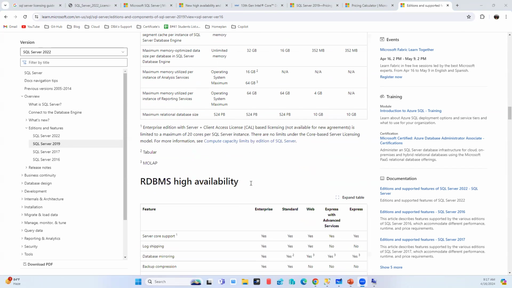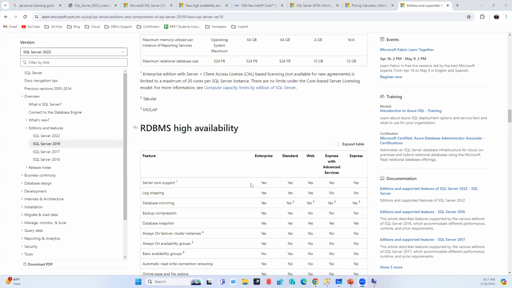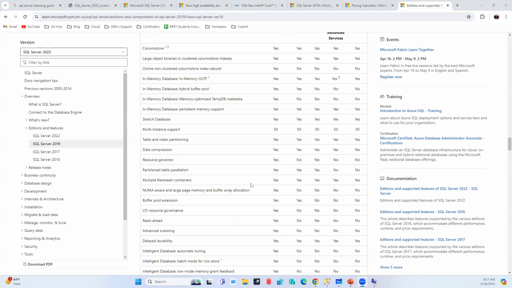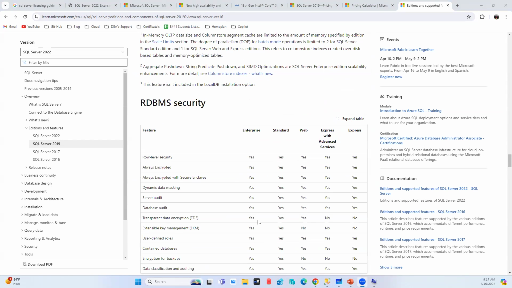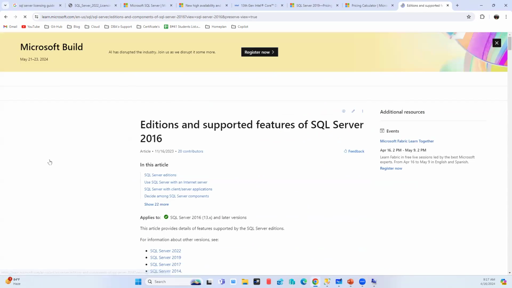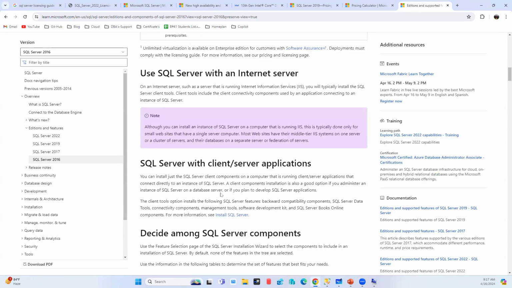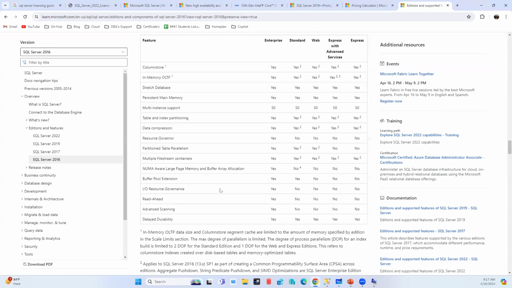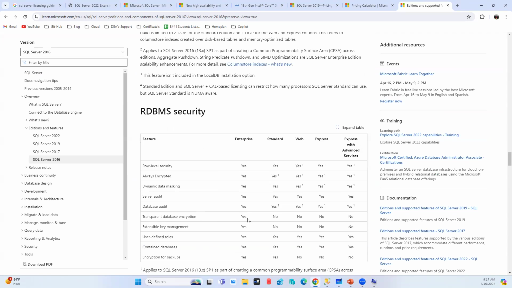Also, sir, if you have the time, experienced people, just walk through a couple of features. For example, if you go to TDE in SQL Server 2016 and scroll down to Security, TDE is not applicable in Standard Edition, only in Enterprise Edition.